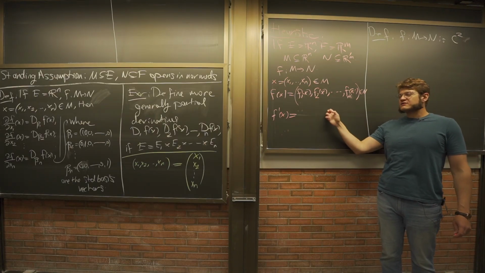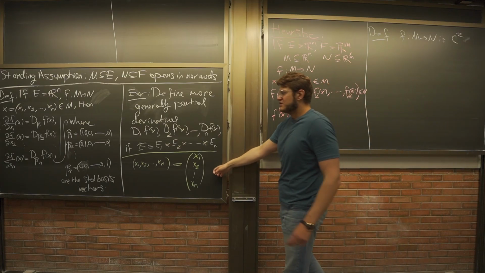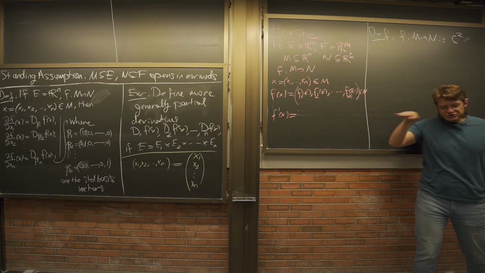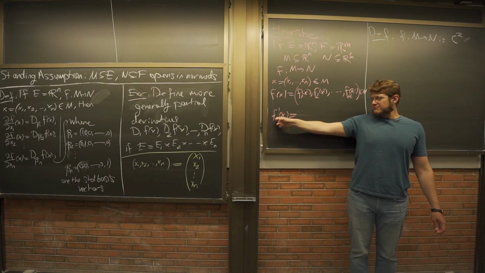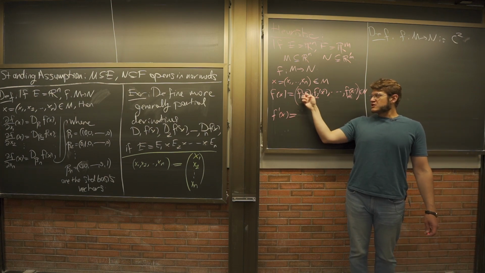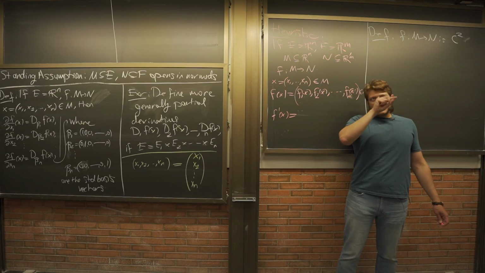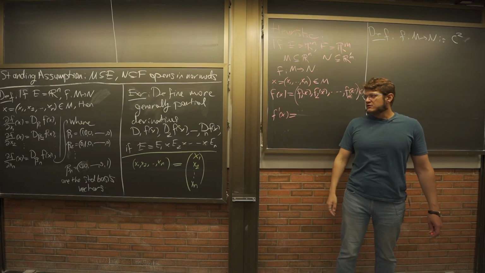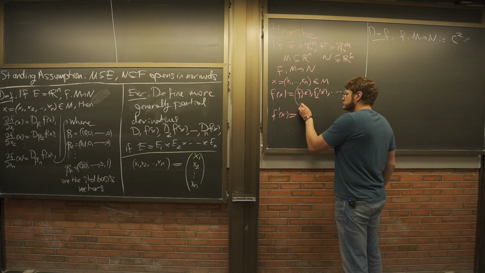And the way I imagine it is that under this identification, each row of this derivative matrix should correspond to one of the components. And as you change the different partials, you should be switching over to different columns. That is to say, this should look like this.